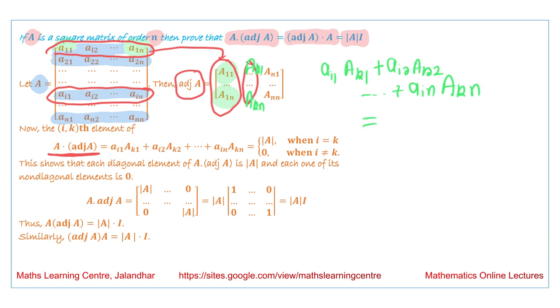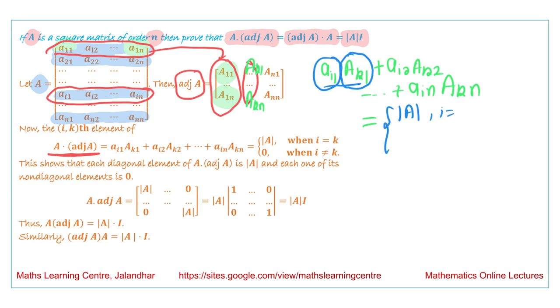We have already seen the result that when an element is multiplied by its own cofactor and we add them, the answer we obtain is equal to the determinant of that matrix.